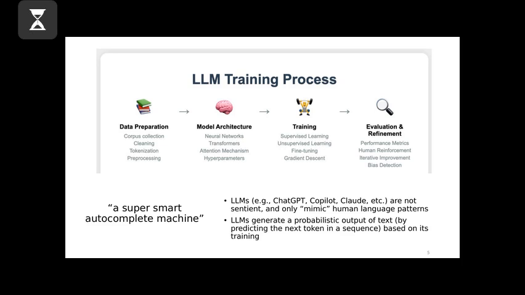The model used in training LLMs is called a neural network. A neural network is a computing system inspired by the human brain. You can think of this model as consisting of billions of interconnected nodes, similar to our brains, that process information. Okay. So, LLMs specifically use a type of neural network called a transformer.